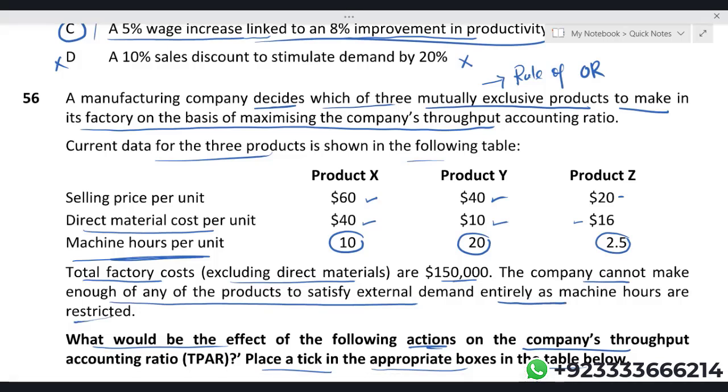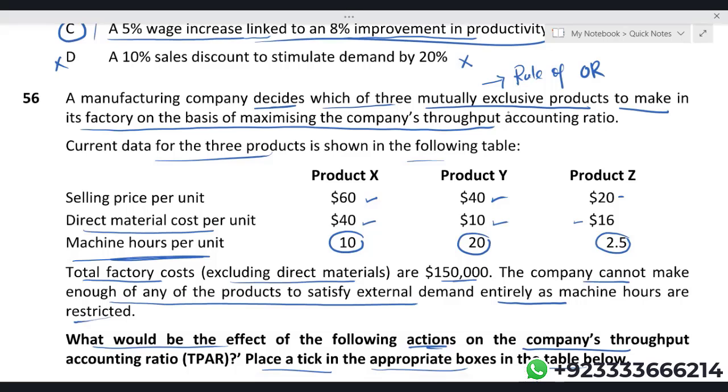Before checking the decisions, if we go for option 1, what will be the impact on throughput accounting ratio? Let us first calculate the return per factory hour of each product. The company decides which of the 3 mutually exclusive products to make, so out of these 3, which one should we produce?